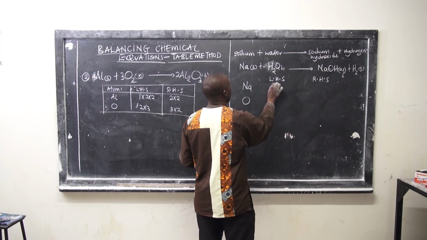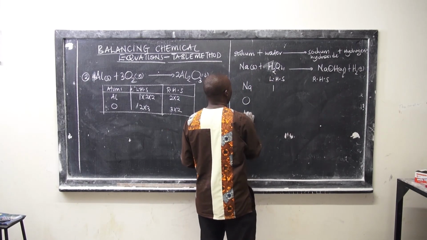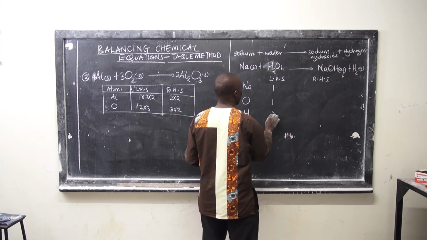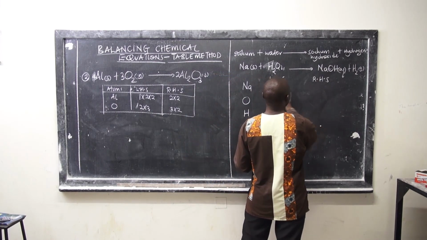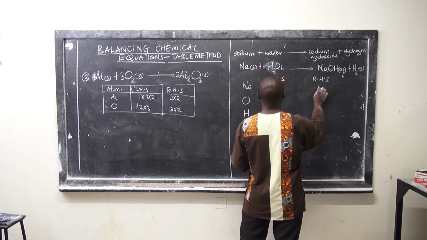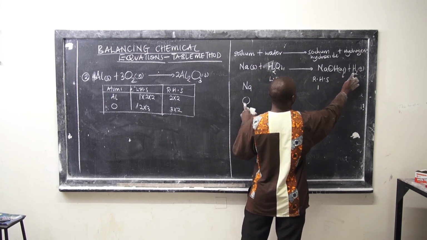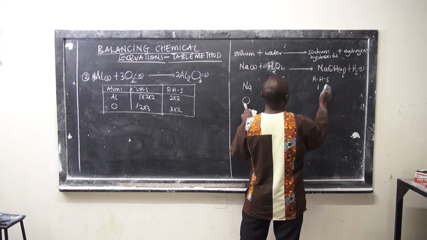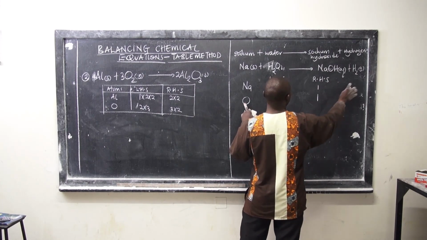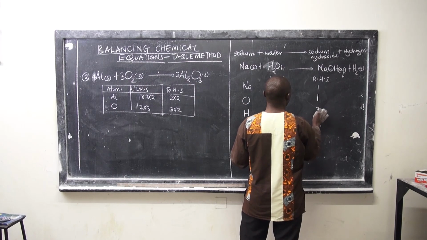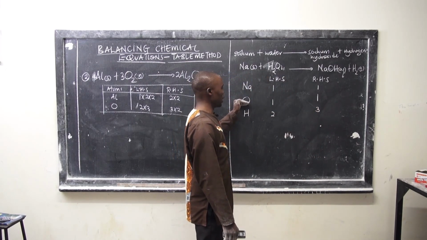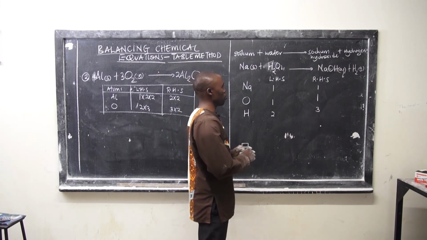On the left hand side I have 1 sodium, 1 oxygen and 2 hydrogen atoms. On the right hand side I have 1 sodium, 1 oxygen, then 3 hydrogen atoms. We see that sodium is balancing, oxygen is balancing, but hydrogen is not balancing.